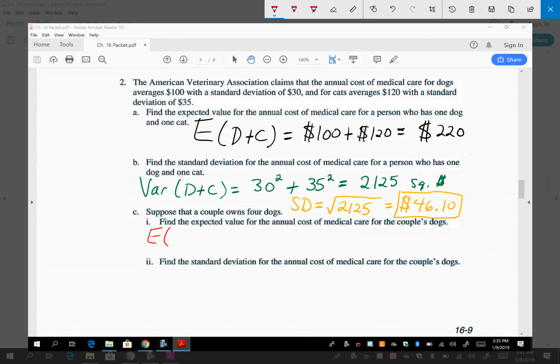So we have 1 dog plus a second dog plus a third dog plus a 4th dog.